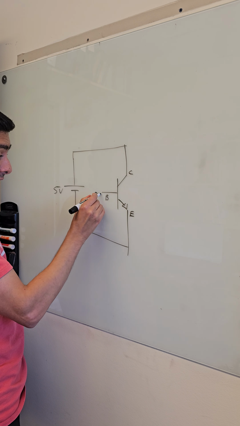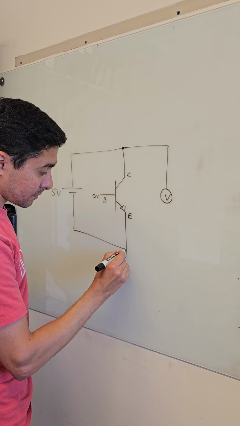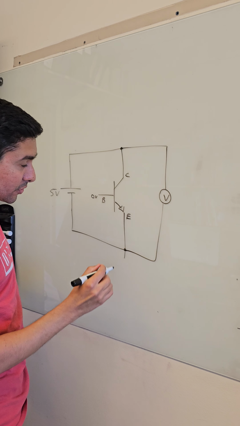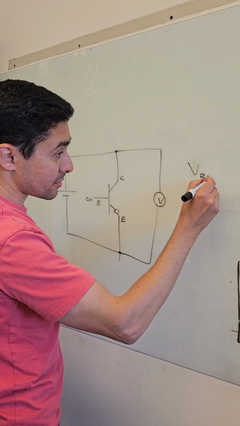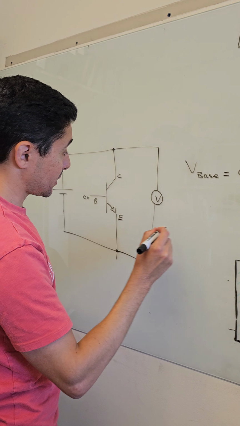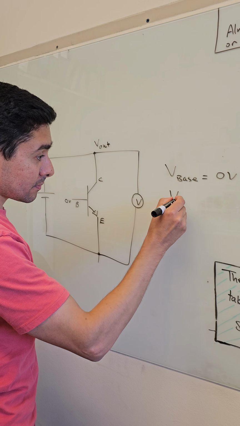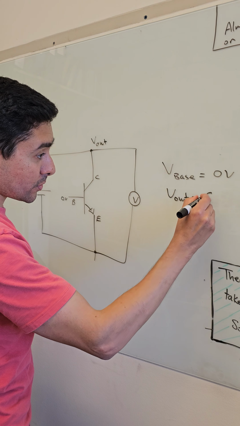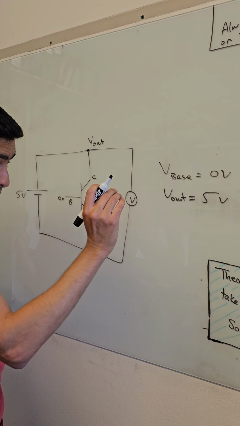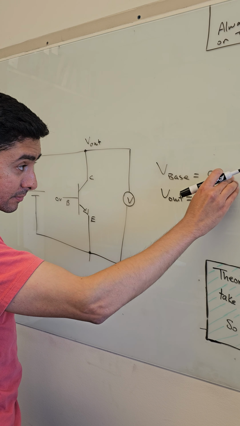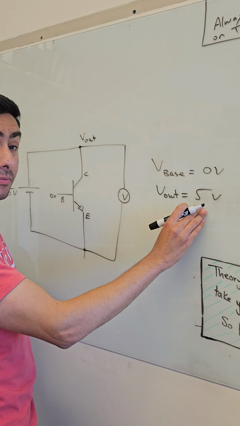If I put 0 volt here and measure the voltage at the ends of the transistor, okay, so the voltage on the base, I'm going to call that V base, equals 0 volt. The voltage here, I'm going to call it V out, equals 5 volts. Okay? So remember that 0 volt on the base, which is our input, will output 5 volts.